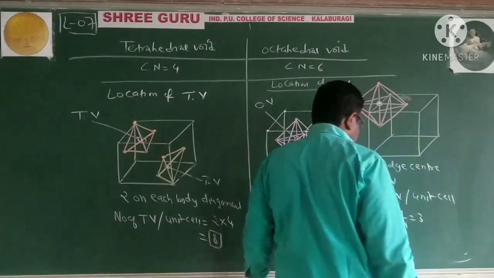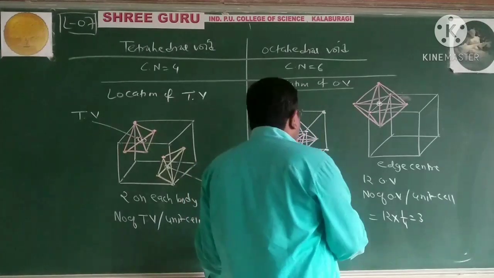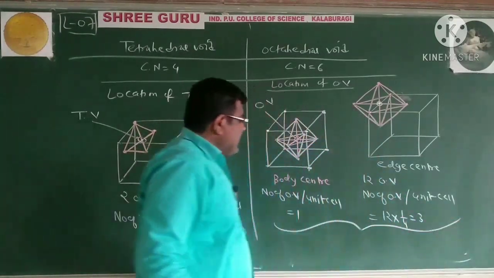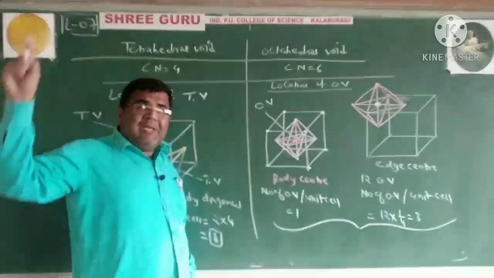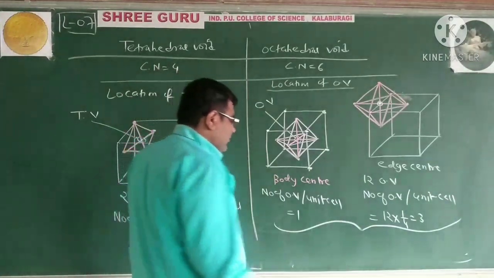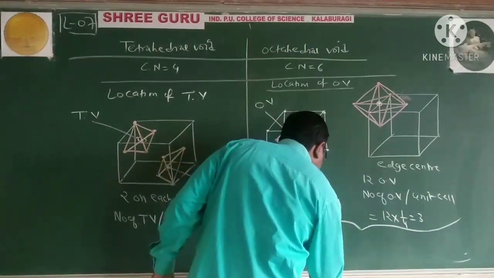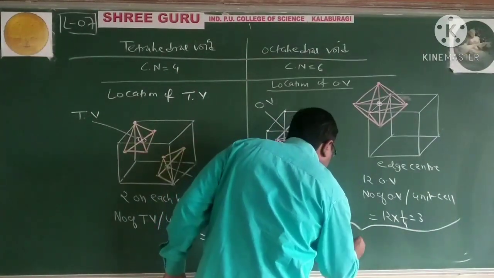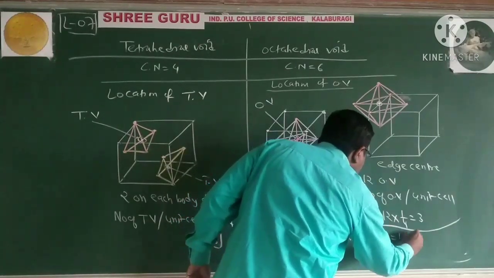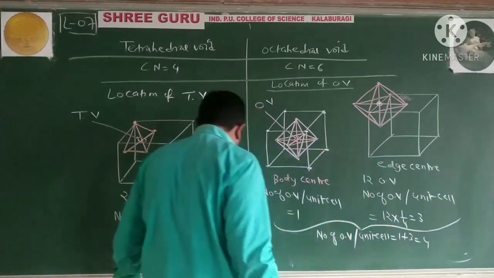So it is 3. And if we add all this together, 1 is at the body center, 12 at the edge center, but their contribution is 1/4. Then we can say the number of octahedral holes per unit cell is equal to 1 plus 3 equals 4.